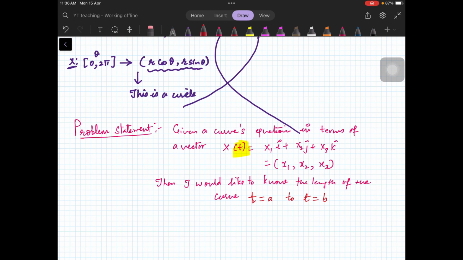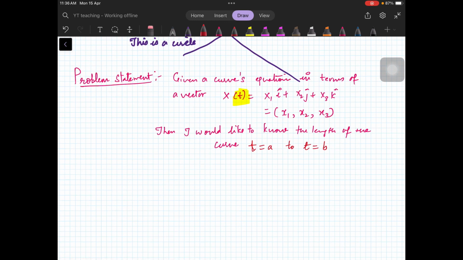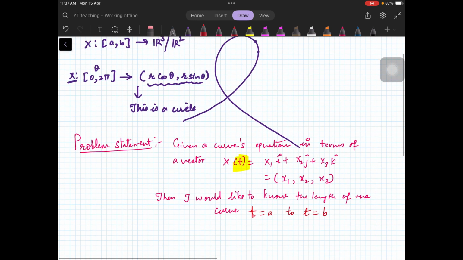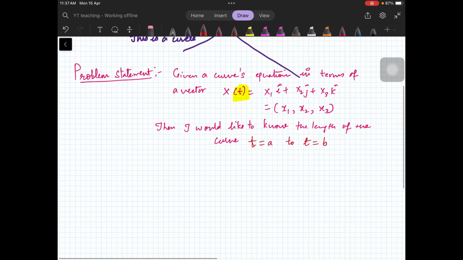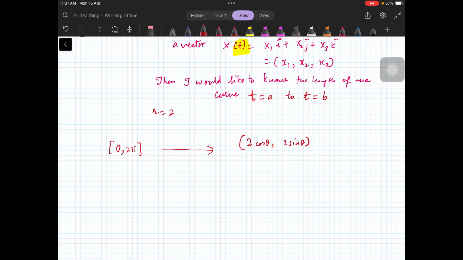Okay, so for example, suppose I told you that we can take this example of a circle, right? And suppose you have this circle, this is 0 to 2 pi, and it is going to be R cos theta, R sin theta, suppose 2 cos theta or 2 sin theta, right? And so I know that this is the curve I am talking about.